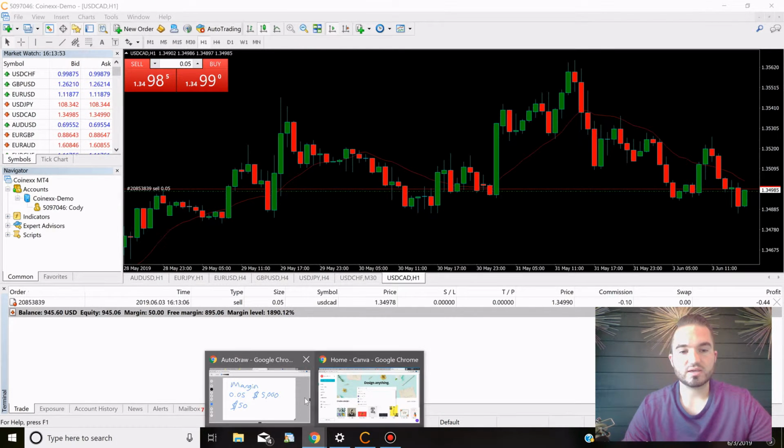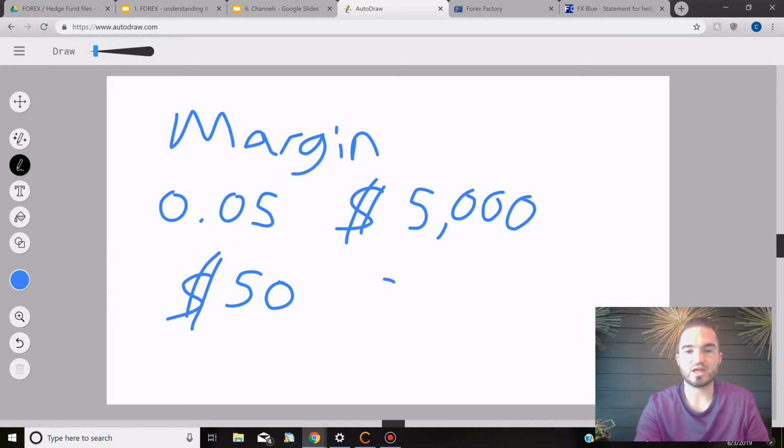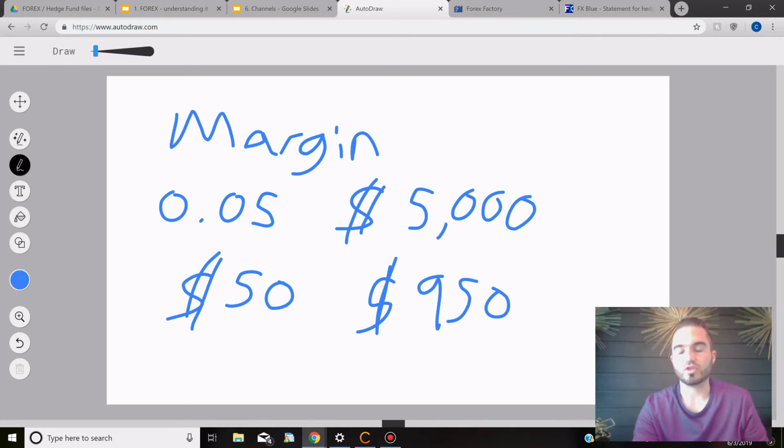So if we come back here, you placed a trade of 0.05, which is $5,000 on leverage, and used up $50 worth of margin in your account. So that means you still have $950 worth of money to place trades with. That's your available margin. That's not your equity or anything, that's your available.